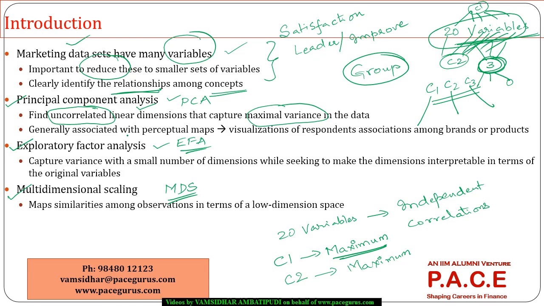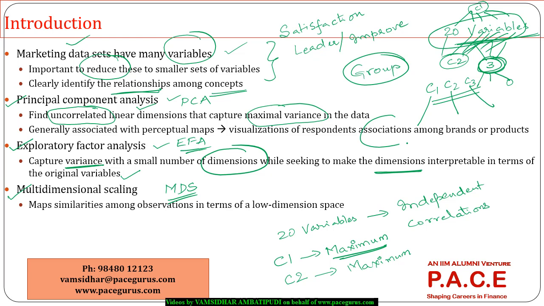Similarly, apart from principal component analysis, another major analysis that can help us in reducing the dimension of the variables is exploratory factor analysis, which also captures the variance in a small number of dimensions. So I'm reducing the overall set, but the dimensions are typically interpreted in terms of the original variables themselves.